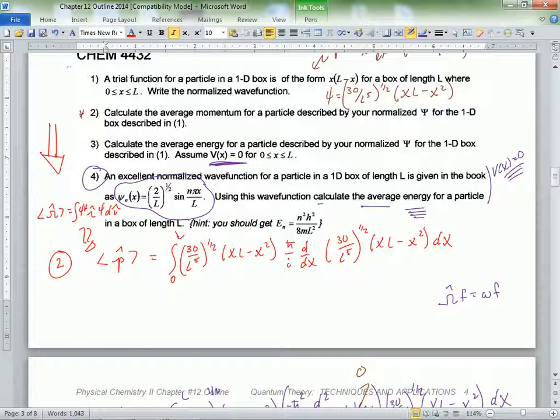Okay, so exercise number 2. And then in number 9, you wanted to see which one? 1 over x. And what was your operator? Just d squared over dx squared.